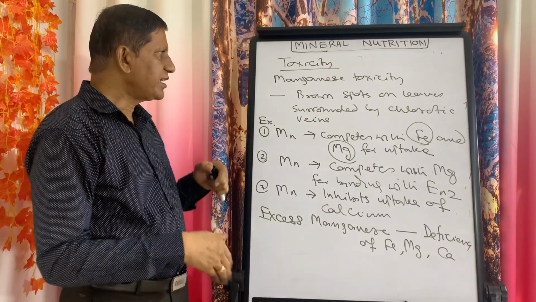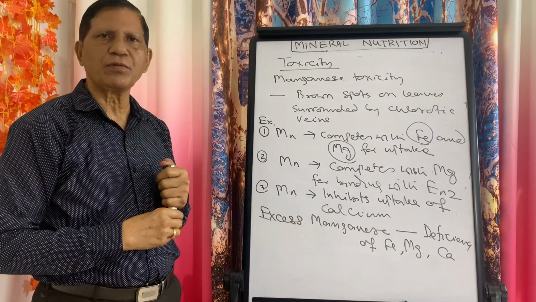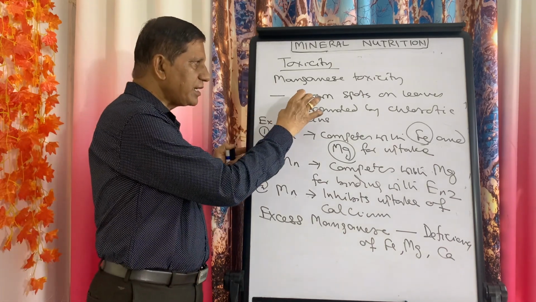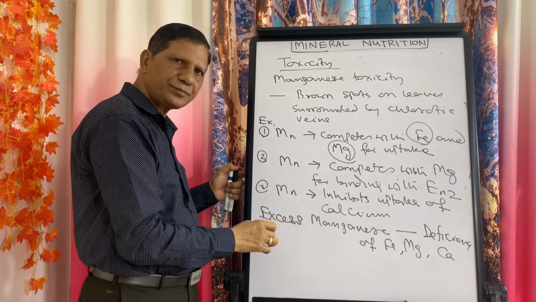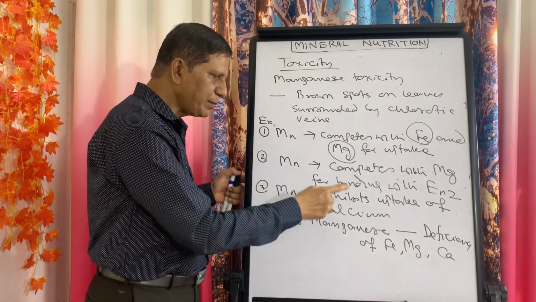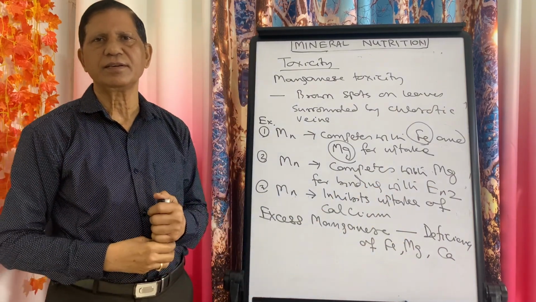So when this symptom appears, suppose here the symptom is brown spots on leaves surrounded by chlorotic veins, whether this symptom is due to toxicity of manganese or due to deficiency of iron, magnesium or calcium, how will I ascertain it? It is very difficult.